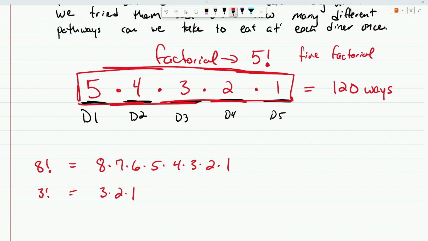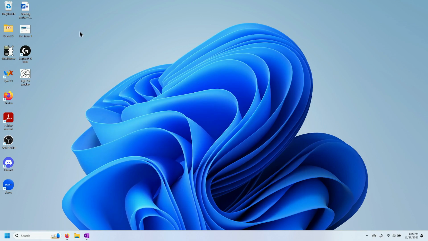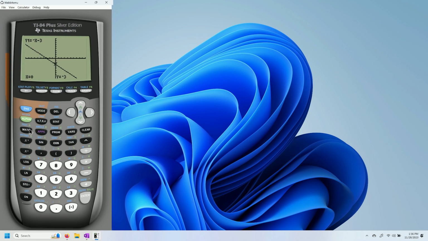In fact, your calculator probably has a factorial button. If you have the TI-84, like I know I do, so let me go ahead and zoom out here. If you look on the far left-hand side, you're going to see a button that says math. Click on the word math, and then you have these different options. You have the math option, you have numbers, you have complex numbers, and then you have PRB. And the PRB stands for probability.